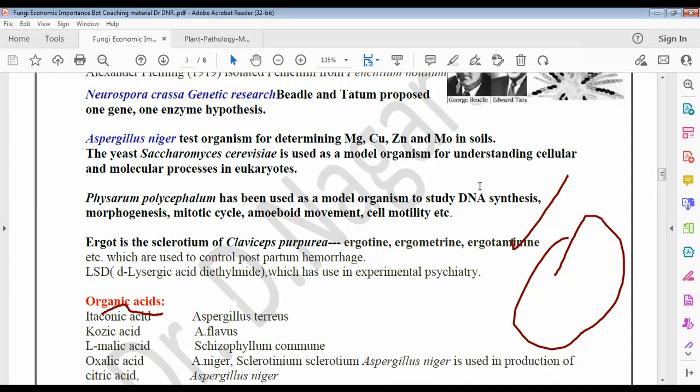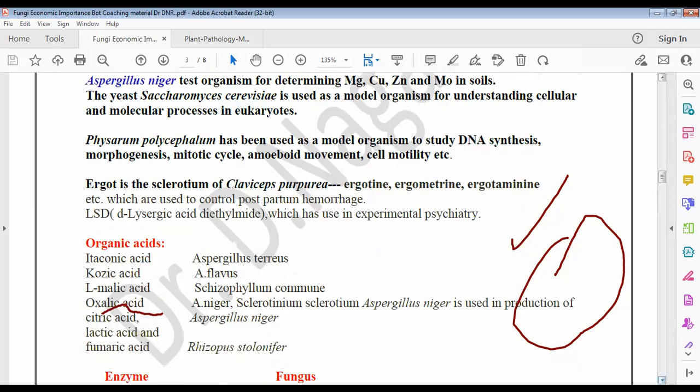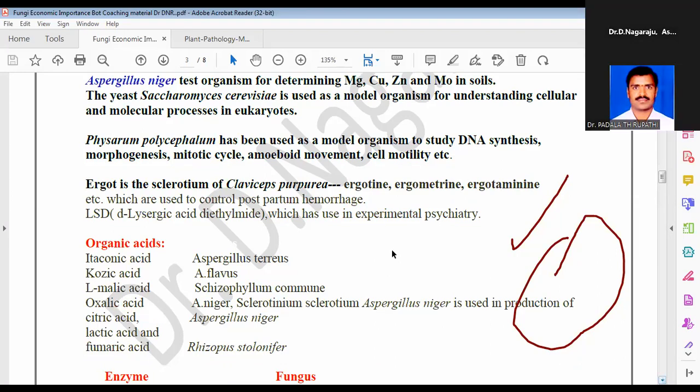And the ergot. I already told you about ergot disease caused by the fungus Claviceps purpurea. It releases ergot, which is very useful in experimental psychiatry and neural disorders.